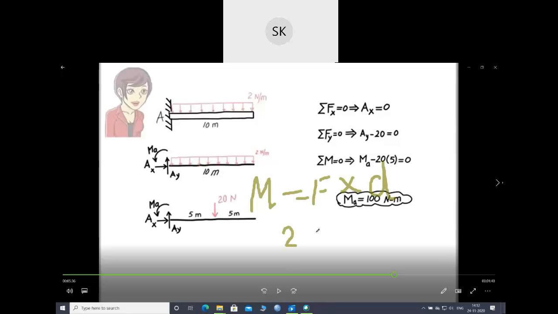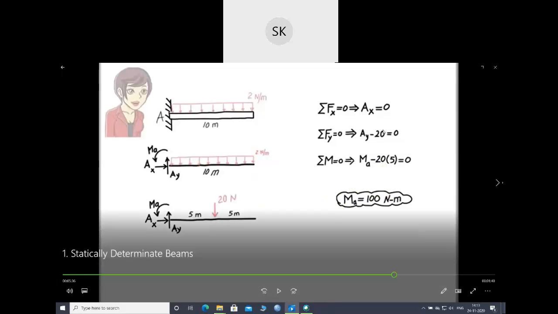Force will be 2 into 10, and the distance we need to take is half of the span length, so it will be L by 2, which is 5. That's how 20 into 5. When I solve this, I'll get MA equals 100 Newton meter.